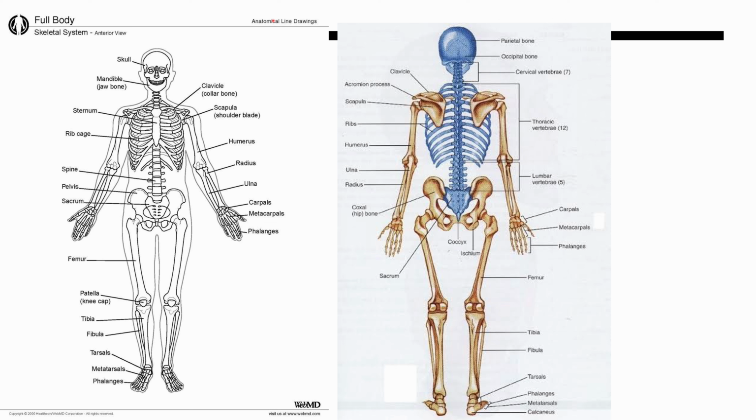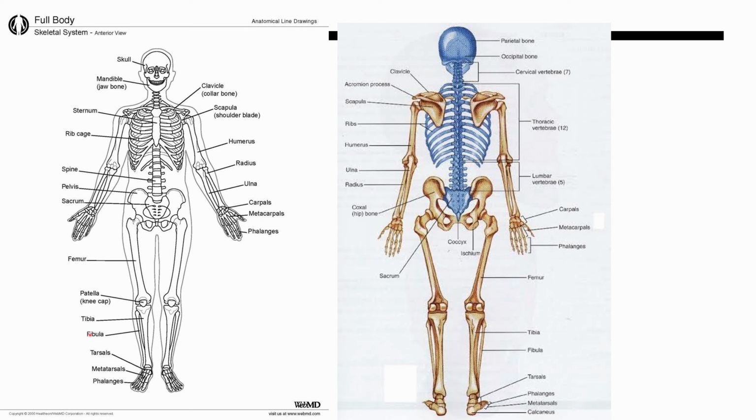The skeletal system is also divided into two parts, the axial skeleton and the appendicular skeleton. The axial skeleton includes the skull, spinal column, and rib cage. The appendicular skeleton includes your arms, shoulders, legs, and pelvic bones.